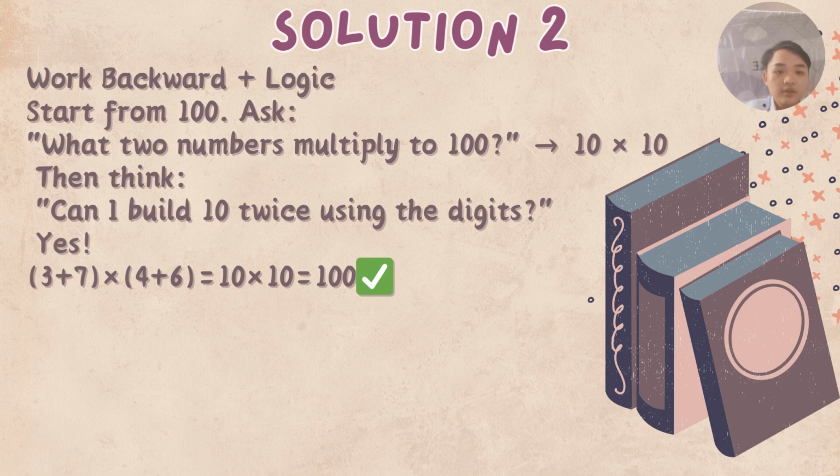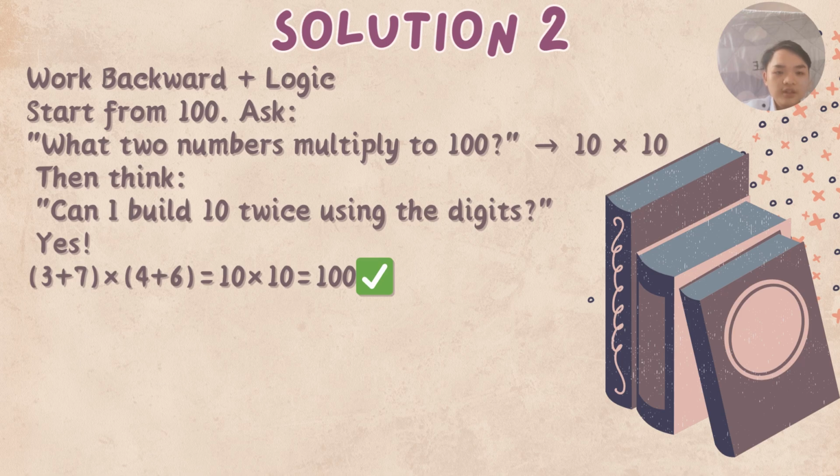For solution 2, we can use the method of working backward and logical thinking. We start from the final result, which is 100, and think about what two numbers multiply to get 100. We get that 10 times 10 equals 100. After that, we think about how we can build 10 twice using the digits.